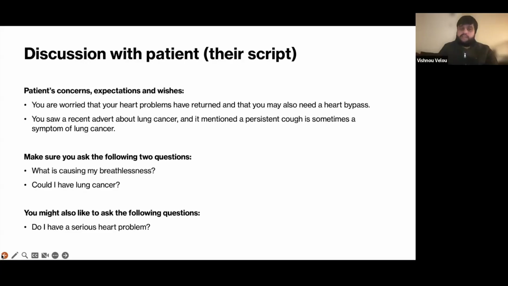Because you need to demonstrate that you're not dismissing their concerns out of hand. You're acknowledging it, but also sensitively redirecting them to think that this is not the ultimate cause of their symptoms and why they've come into hospital, or why they're in the MAU department. Hope that answers your question.